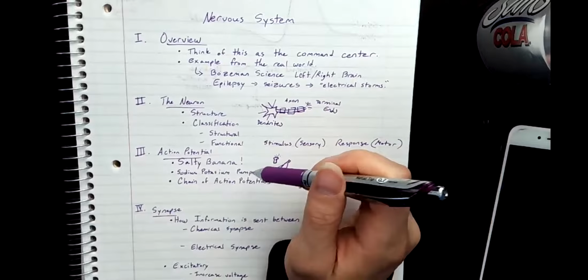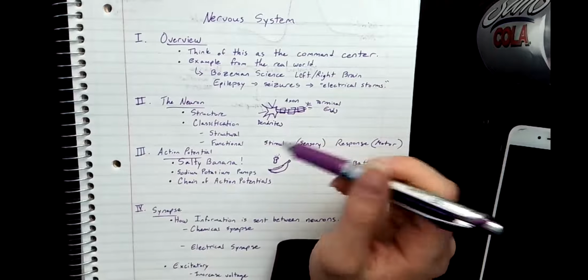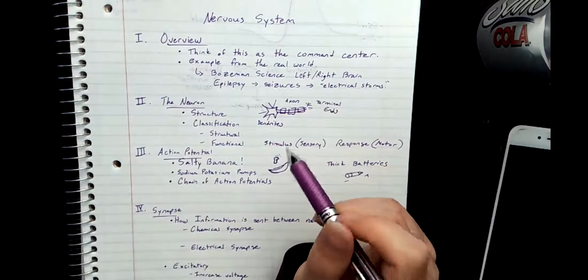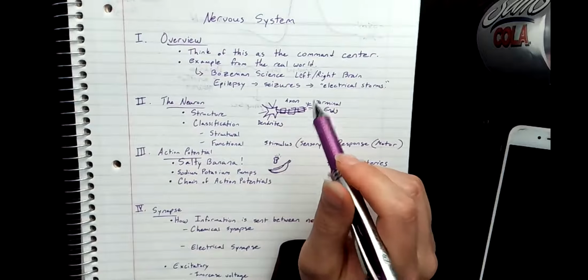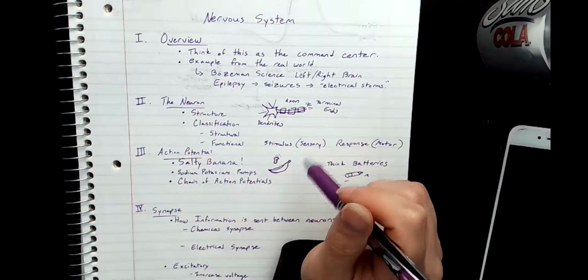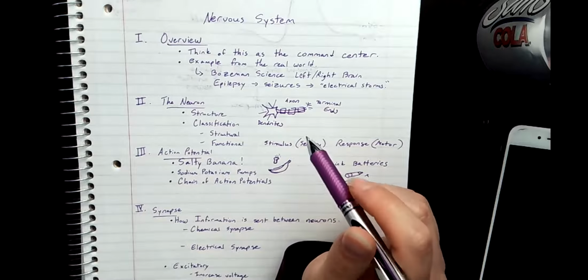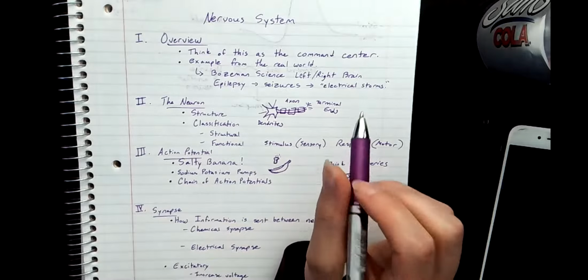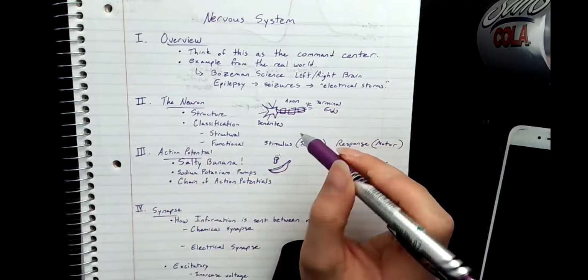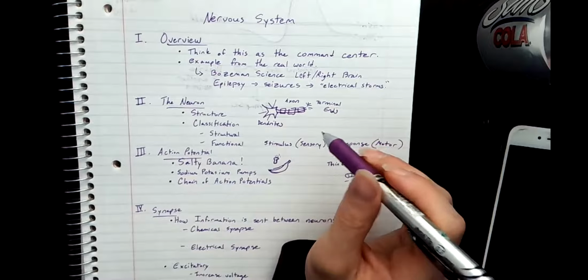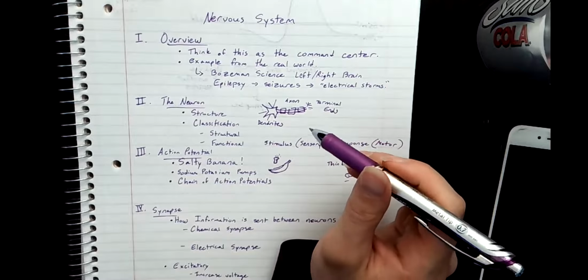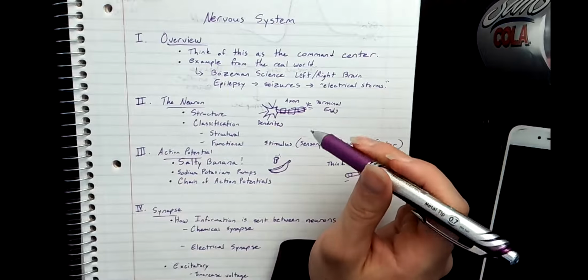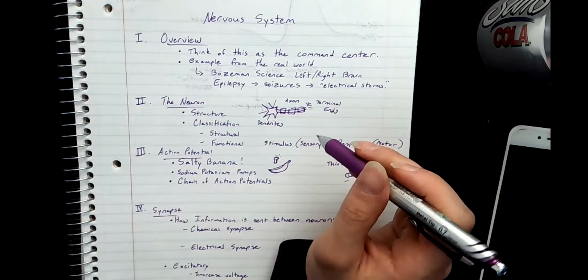Salty banana, remember that helps us remember which side has the most concentration of a certain material, right? So we have the sodium on the outside, and it can travel via those channels, those pumps.